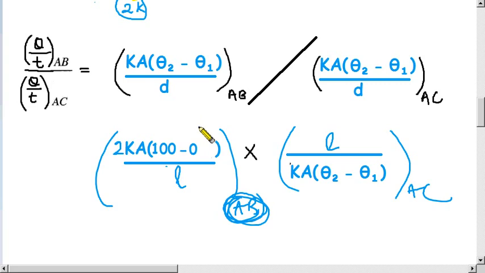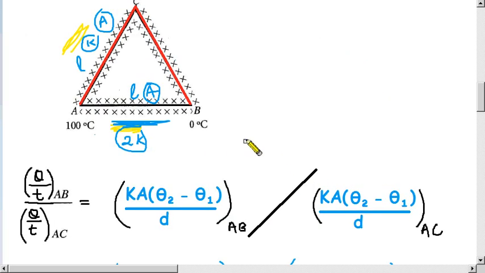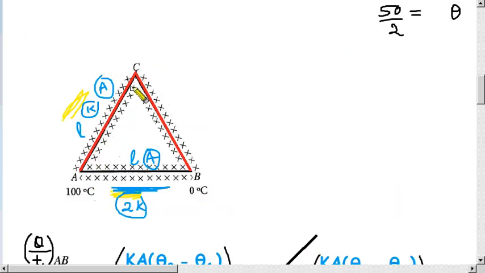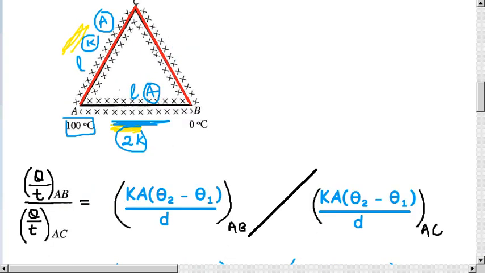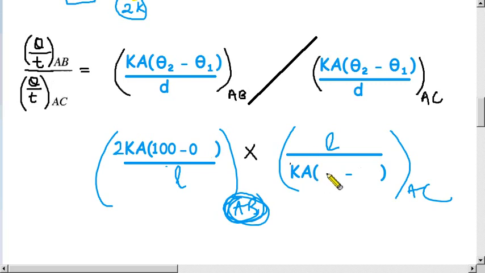And for the AC rod, what are the temperatures? First one 100, that is common for both the rods. Here we know 50. Then 100 minus 50. That's all you have to do.